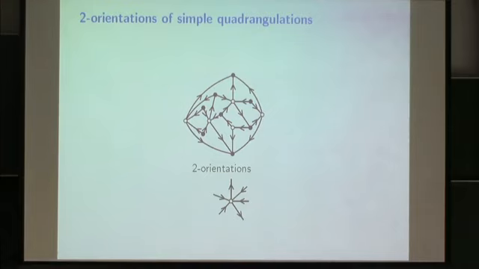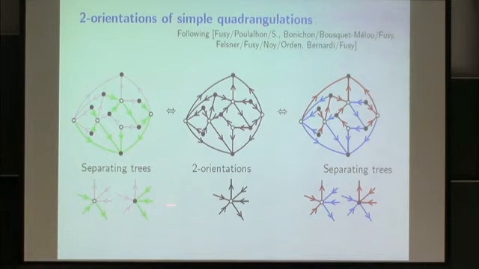So I have drawn a 2-orientation here. At every vertex I have 2 outgoing edges. And again, I can try to look at paths and color the edges by following well-chosen paths in these orientations. And I basically have 2 ways to do that.